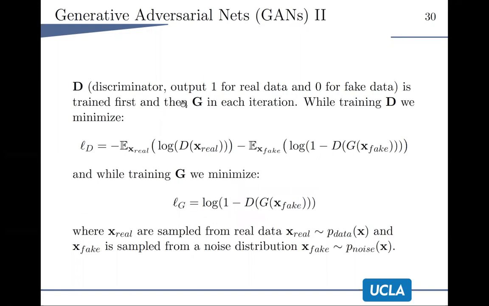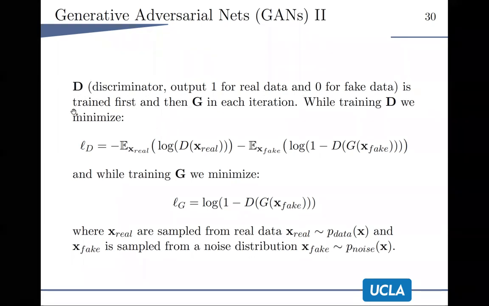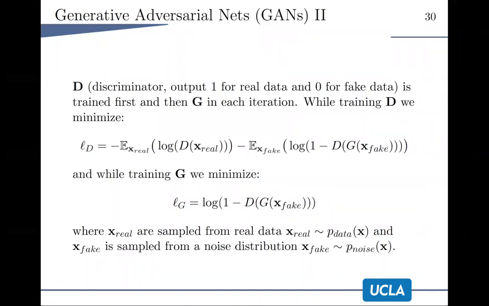The discriminator, for convenience, we just call it D. This one is trained first, and then the generator G is trained after it, and then D again, and then G again.